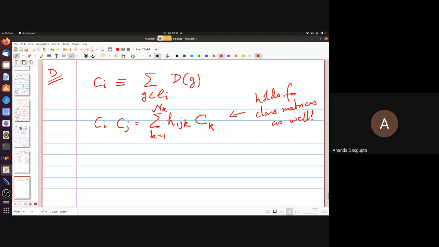Because when we dealt with the class combination rule, we were using abstract algebra rules for the group. But now we have a representation of those group elements by matrices, and the algebra that we did to calculate, say, C2 squared, of course still works here just as well. Does everybody get that?